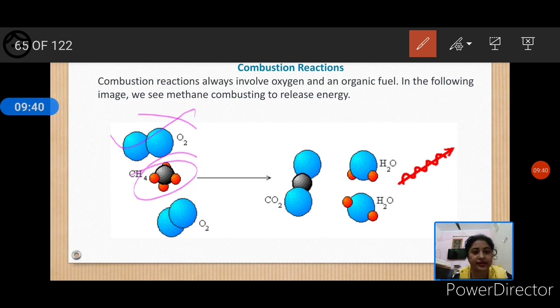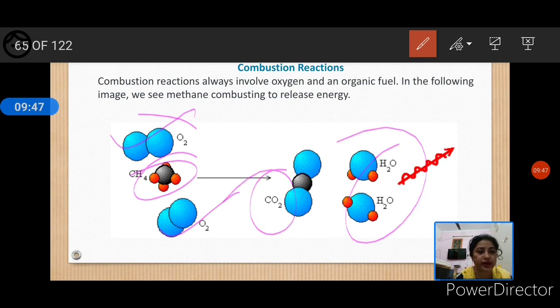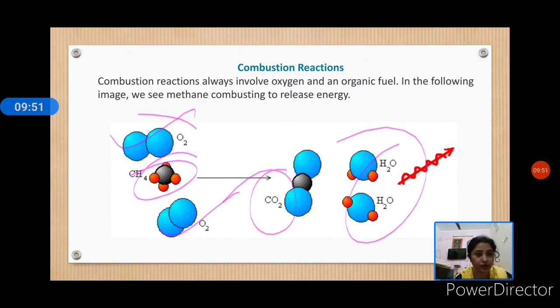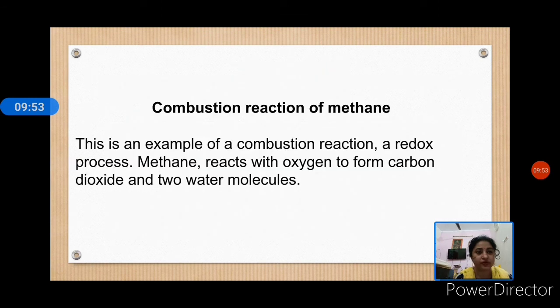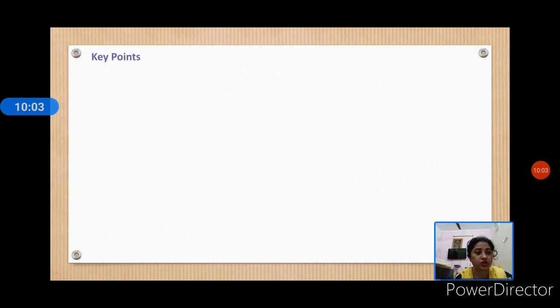It is reacting with oxygen and giving out carbon dioxide and water. This equation you may have learned by heart, and this shows the combustion reaction of methane. It is a redox process. Methane reacts with oxygen to form carbon dioxide and two water molecules.